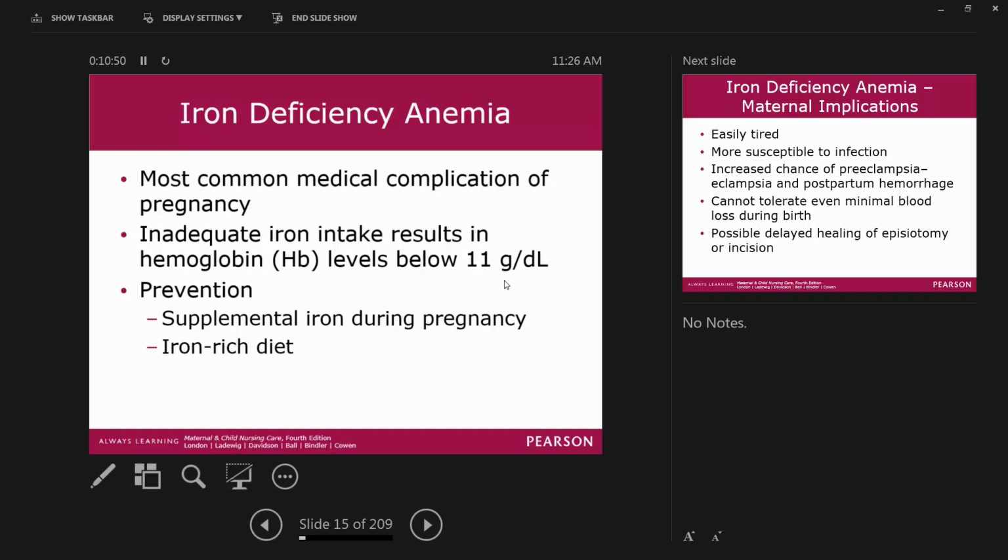It is the most common complication in pregnancy, from inadequate iron intake, which is why we have these gals take prenatal vitamins and even additional iron supplements. If they have a diagnosed anemia, they'll be on additional iron supplements. If they don't have a problem with anemia, they'll probably just be on prenatal vitamins.